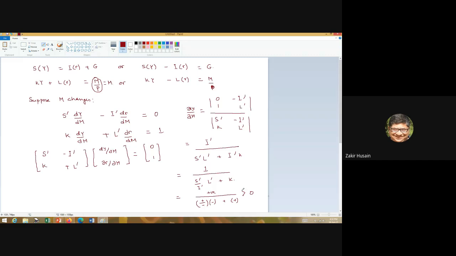Can you tell me how to find out the rate of interest, what is dr by dm? Sir, S prime will be in the numerator. Just S prime, no, S prime will be in the numerator and, sorry, in the denominator, this whole determinant. S prime, it will be 0 1, yes okay S prime, and what will the denominator be, this determinant, S prime L prime plus I prime, the matrix is always Ax equals b. So S prime L prime plus L I prime K. Wait, slowly, so this is 1 by L prime.